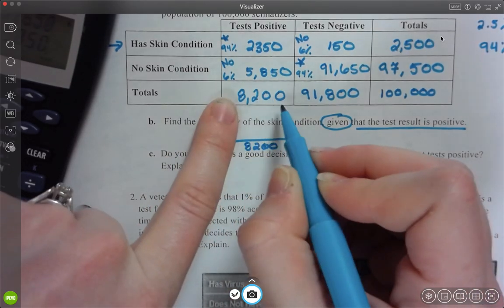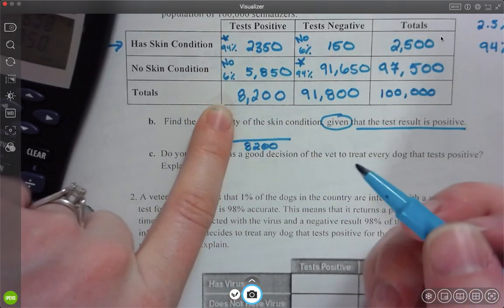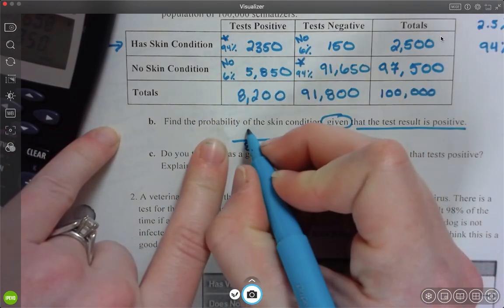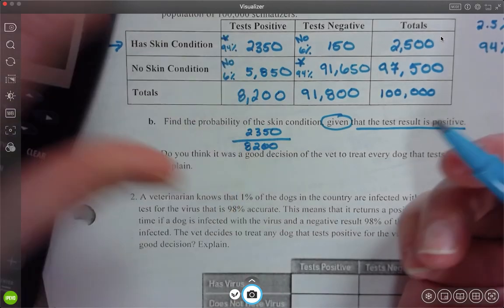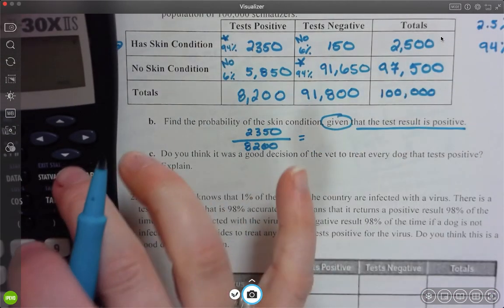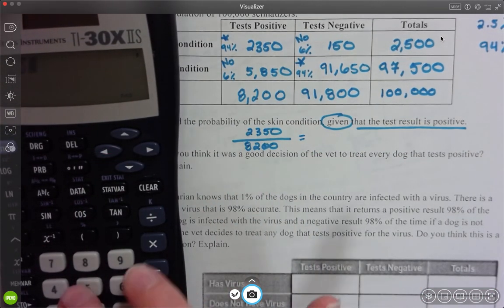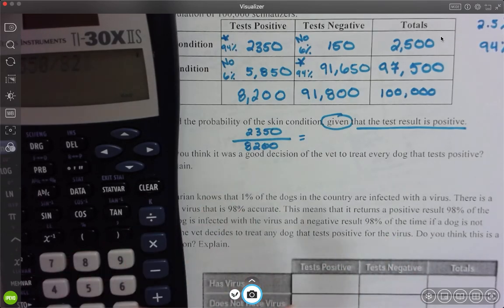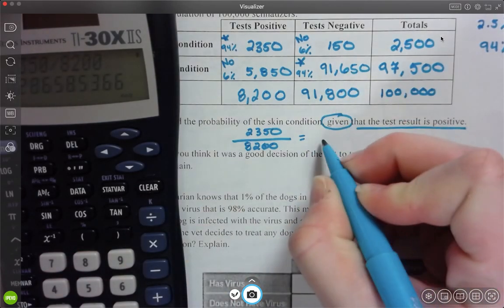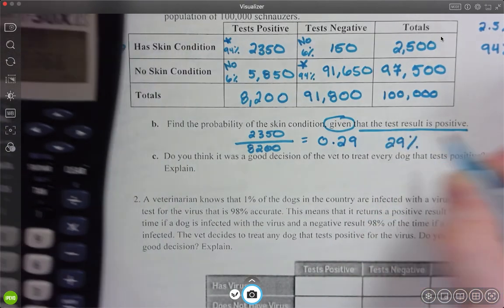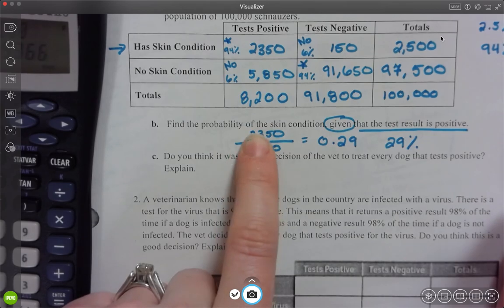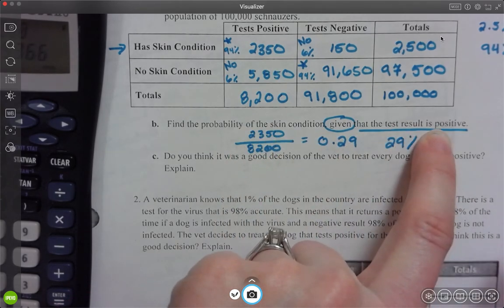So of those 8,200, how many actually had the skin condition? 2,350 had the skin condition, okay? So if I figure that out as a probability, 2,350 divided by 8,200 is 0.29 or 29%.